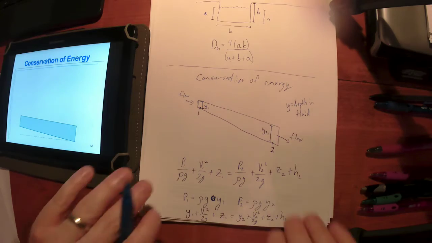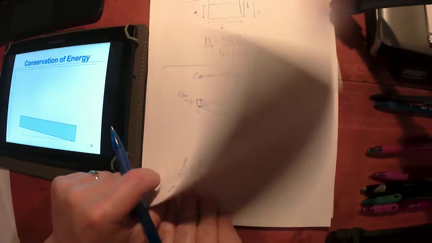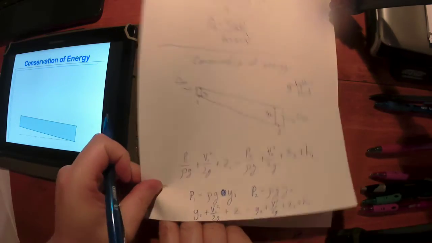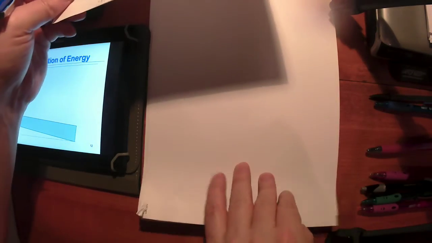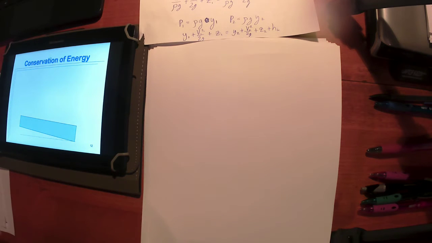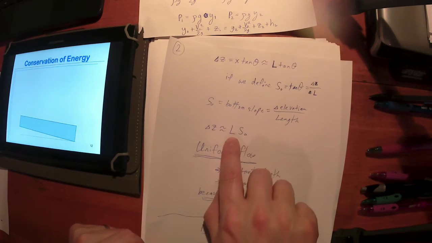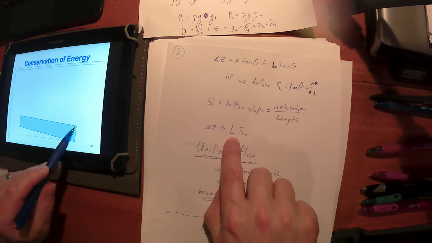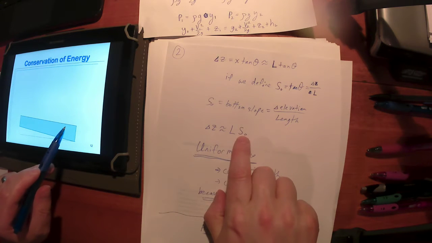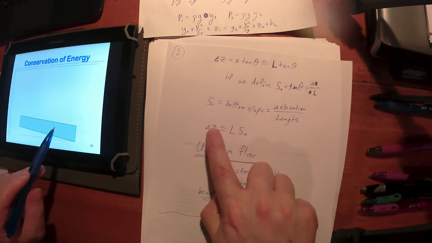Okay, so, all right, how does that help us? Well, let's see what we can do with that. Now recall back over here a few steps ago I said we can define this bottom slope as the length from here to here times this S naught. That gives me the change in elevation.